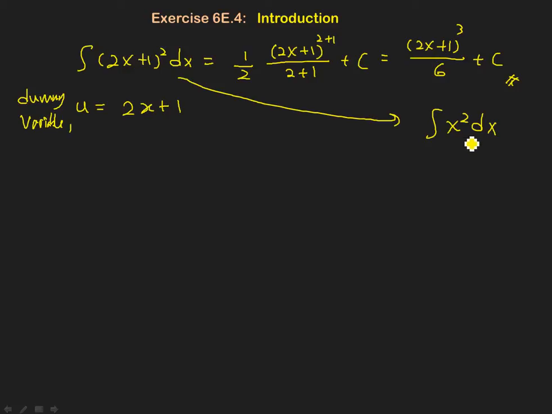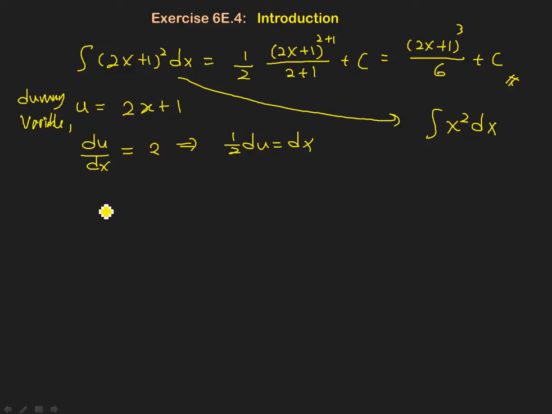If we can change the problem to look something like this, x squared, it will be easy for us to perform the integration. So we choose 2x plus 1 and differentiate with respect to x, get 2. That means half du is equivalent to dx.